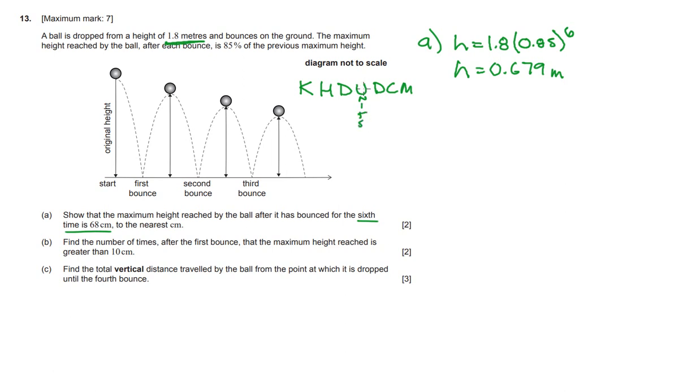So to go from units to centimeters, we move the decimal over twice, 1, 2. So this officially would be 67.9 centimeters, but it says to the nearest centimeter, so the height would be 68 centimeters.